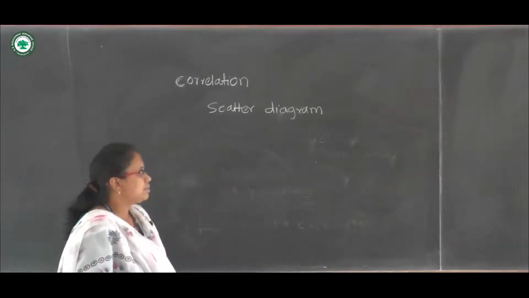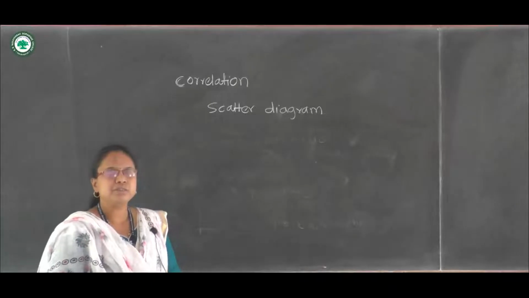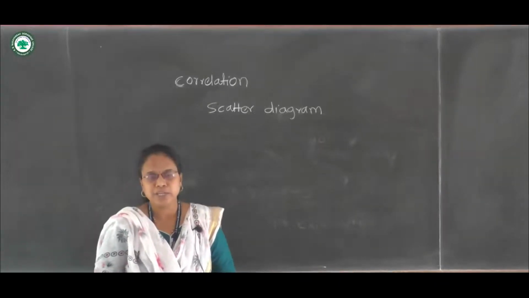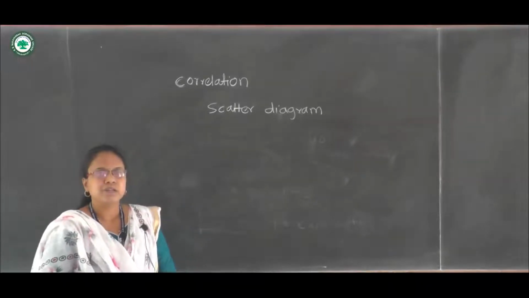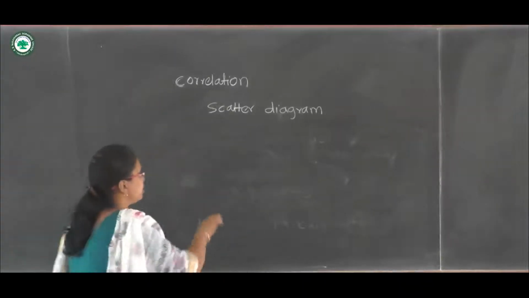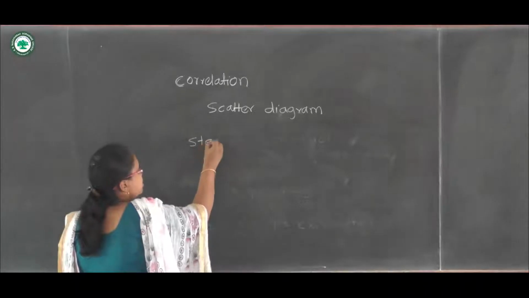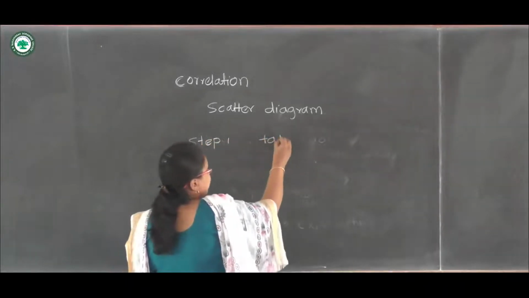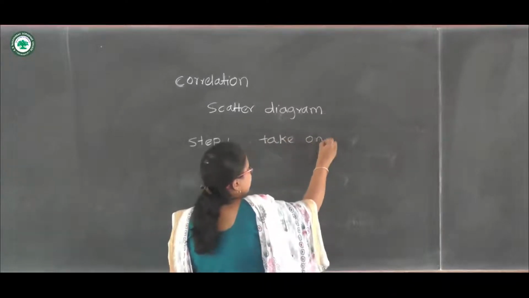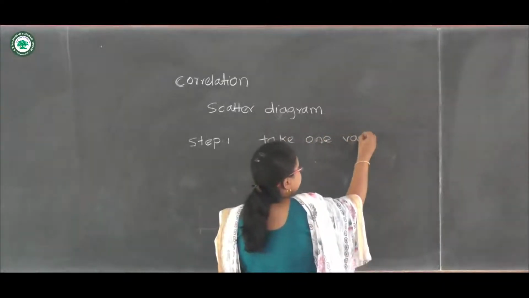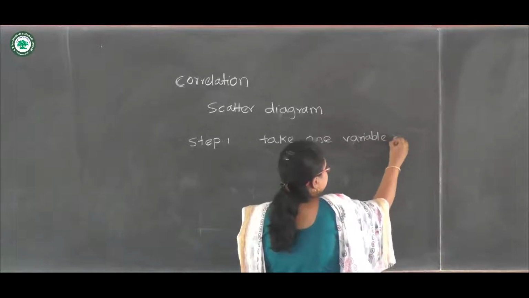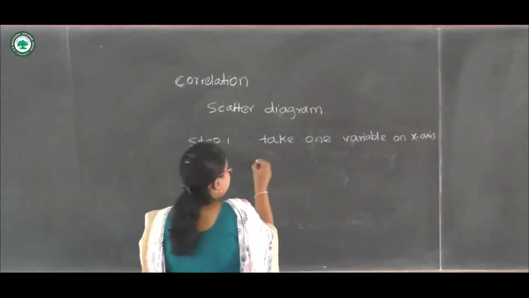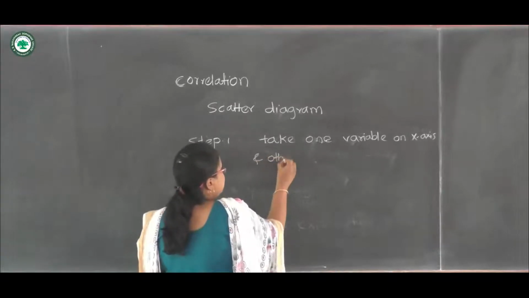So this is a judgment method only. We can just visually say which type of correlation is there. There are some steps. The first step to draw a scatter diagram is to take one variable on the x-axis and the other variable on the y-axis.